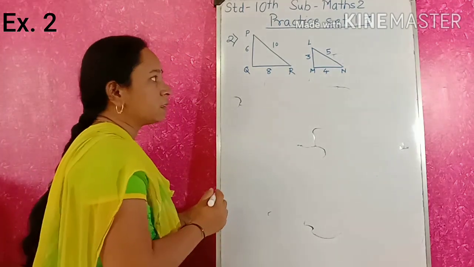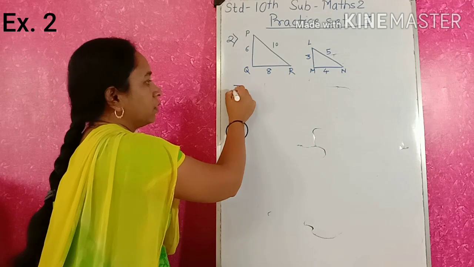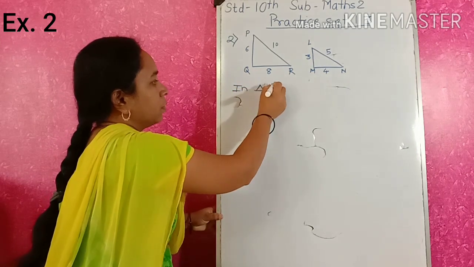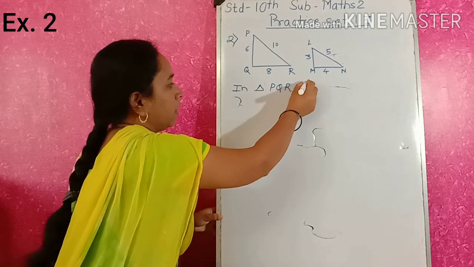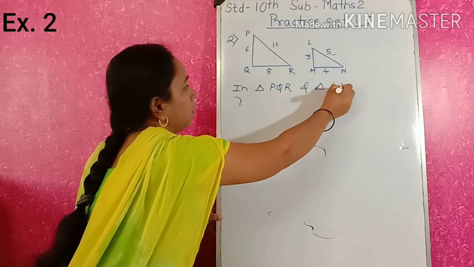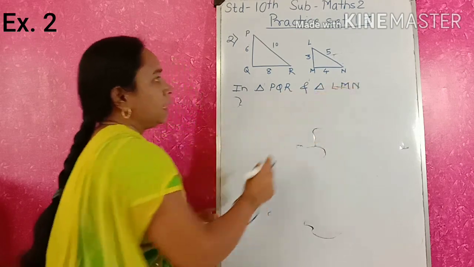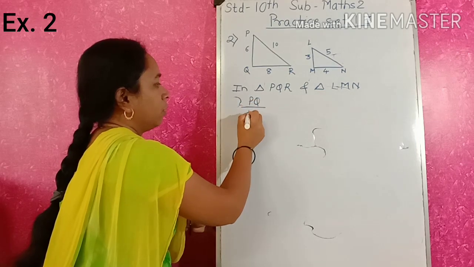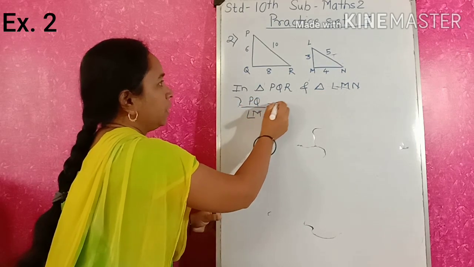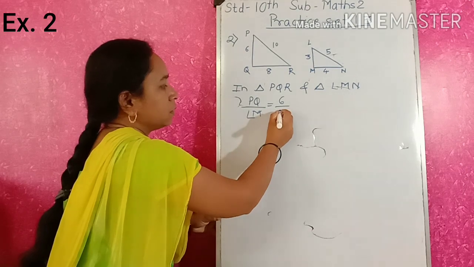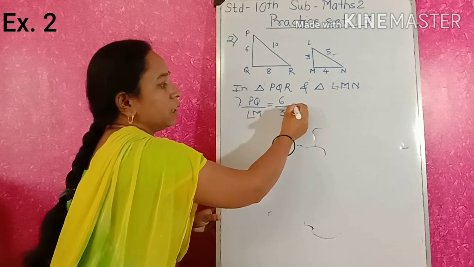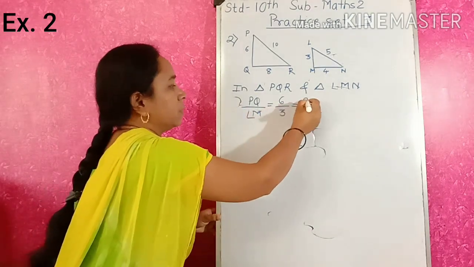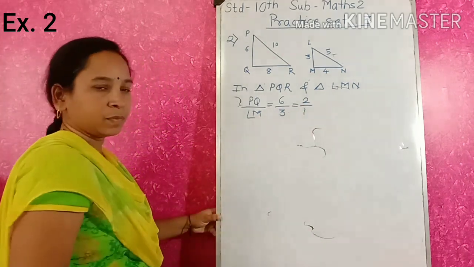Now for this I'll take the ratio in triangle PQR and triangle LMN. The first side ratio, PQ upon LM. PQ is 6, LM is 3. If you reduce it, you will get 2 upon 1.